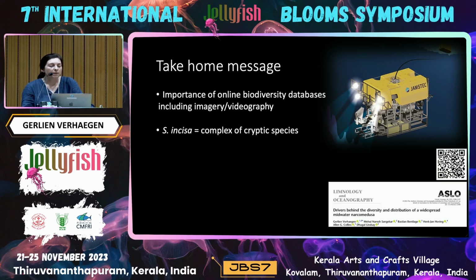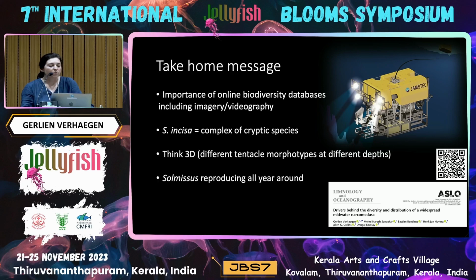Then we found that Solmissus incisa is likely a complex of cryptic species, and that there is some differentiation along the 3D axis, and that Solmissus was reproducing all year round, and likely with the upcoming climate change, it will be favorable for Solmissus, at least just for environmental parameters. We didn't look at any biotic interactions.